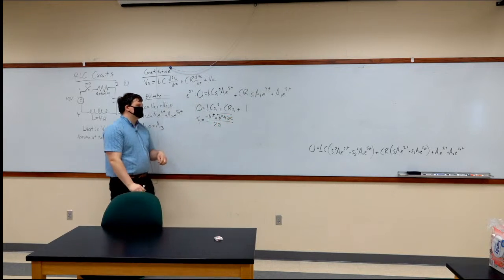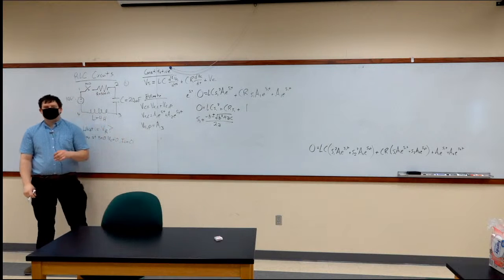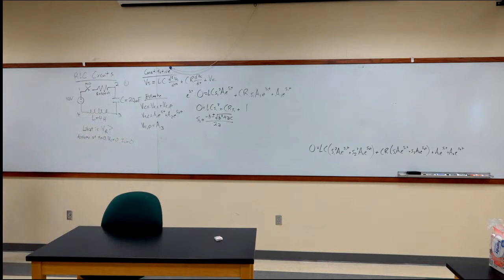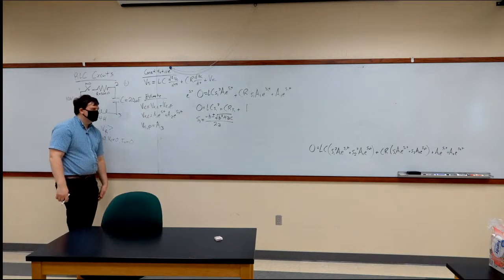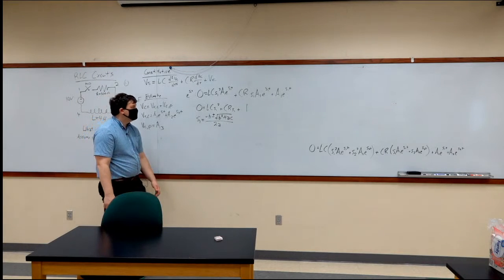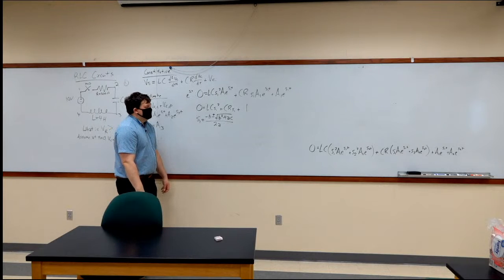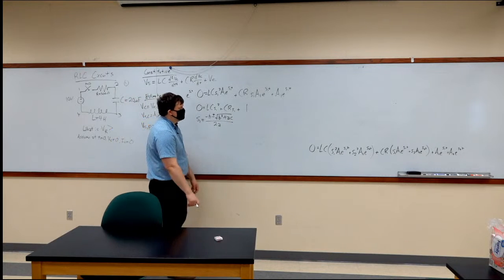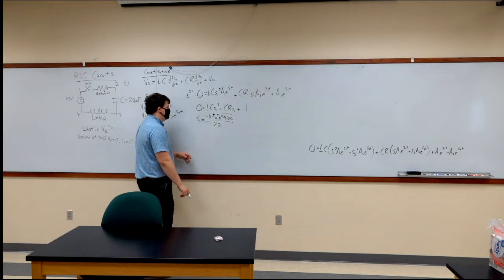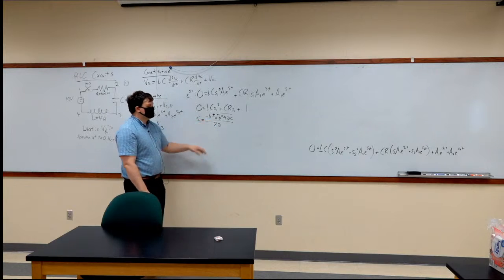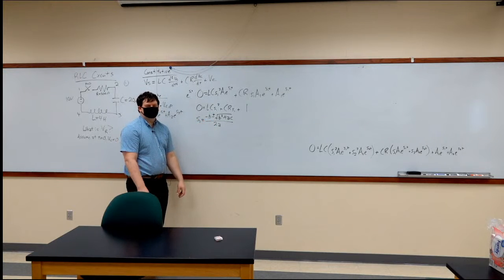Negative B plus or minus the square root of B squared minus 4AC divided by 2A. Okay? We plug in what each of these mean. So here we have two different values for s1.